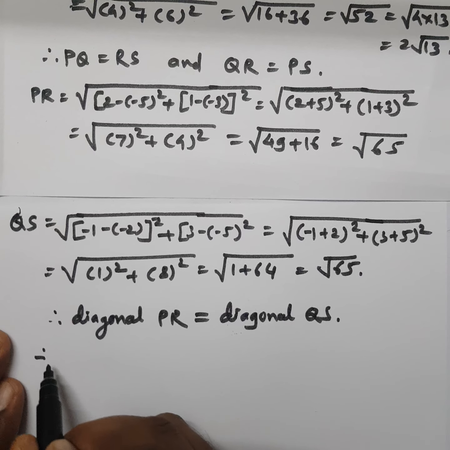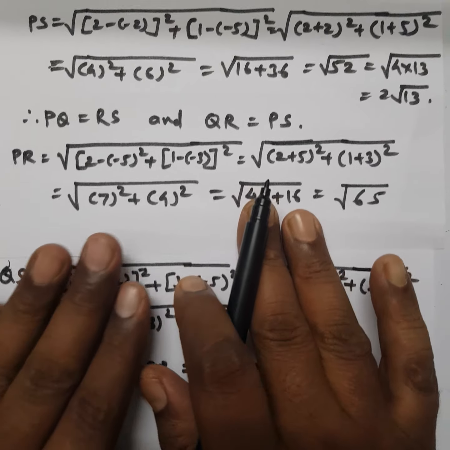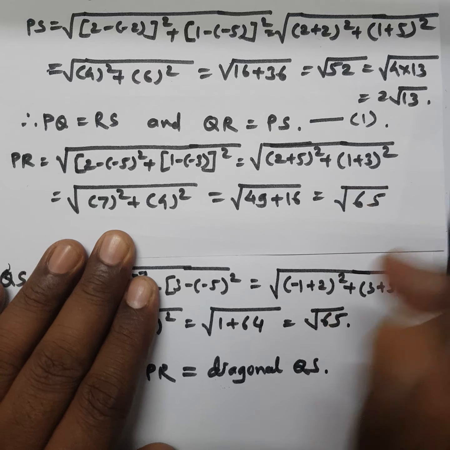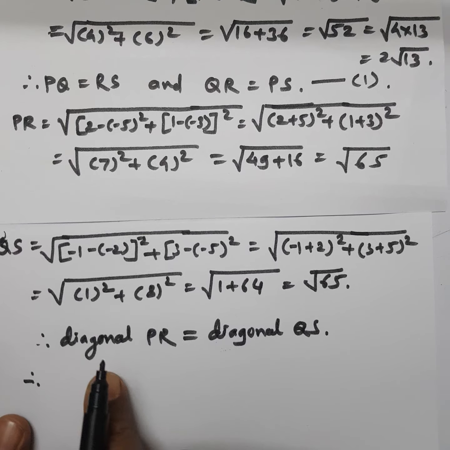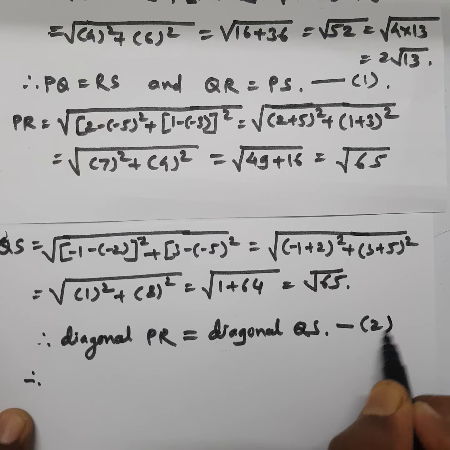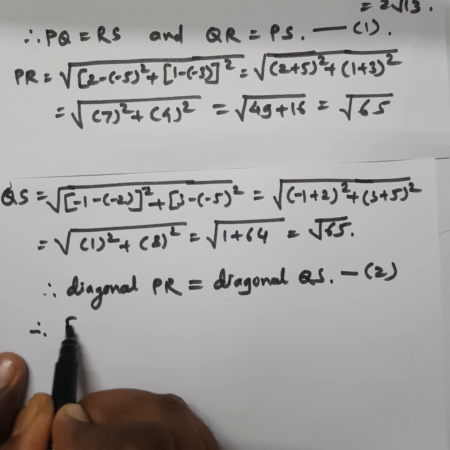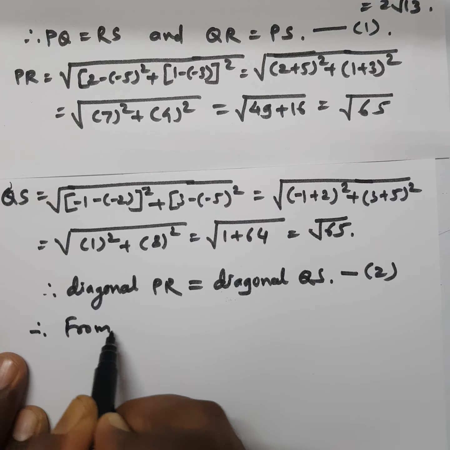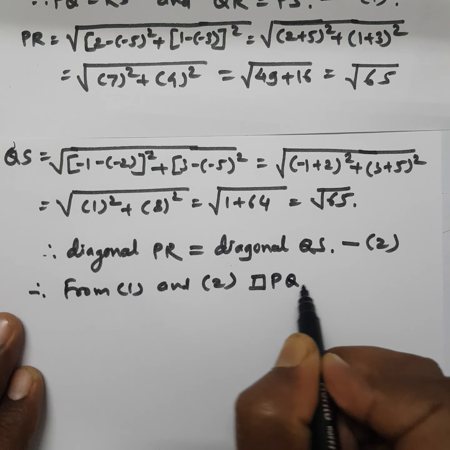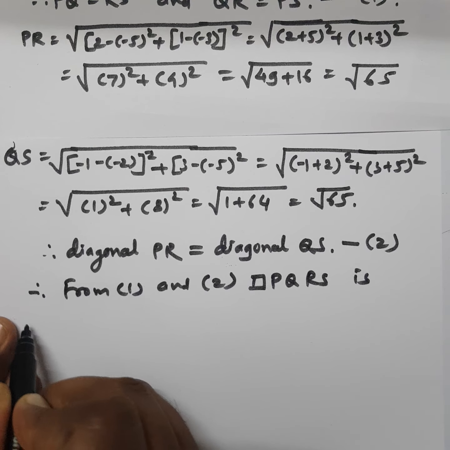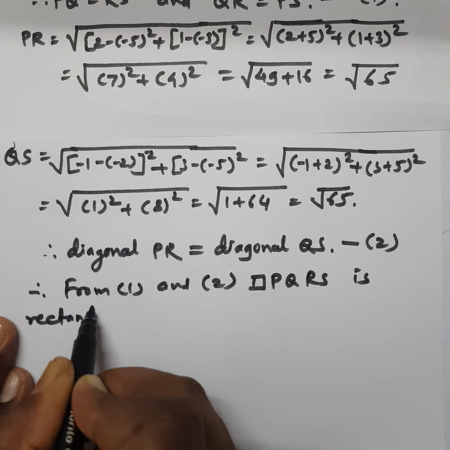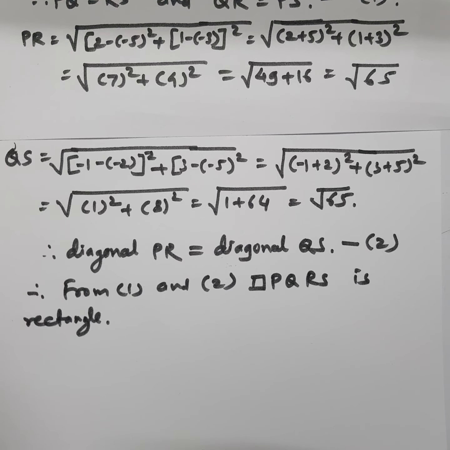Therefore, as opposite sides are congruent here, and diagonals are congruent, from 1 and 2, quadrilateral PQRS is a rectangle. Therefore, to show the quadrilateral is a rectangle, we have to find all 4 sides and 2 diagonals of the quadrilateral.